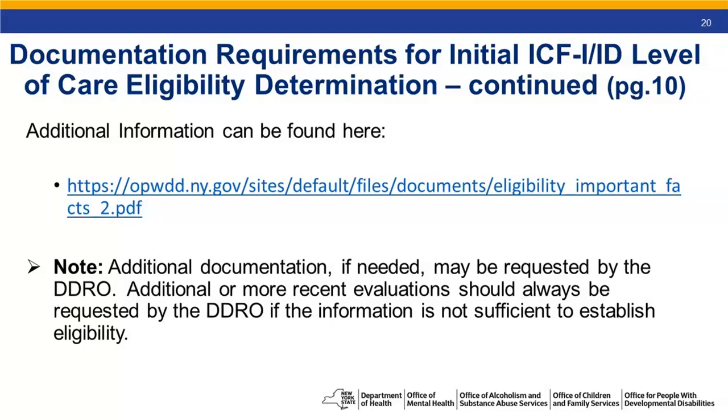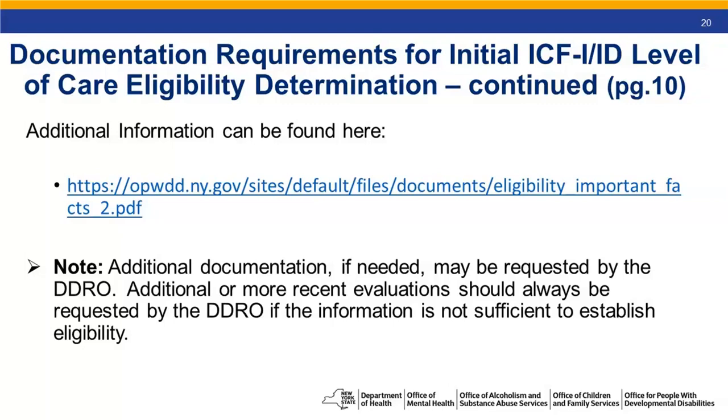The redeterminations, there is not that level of specificity. What we ask for is that the documentation submitted and reviewed accurately reflects the current needs of the child. So if those were to change at any time, we would want updated information or other updated information as it becomes available.